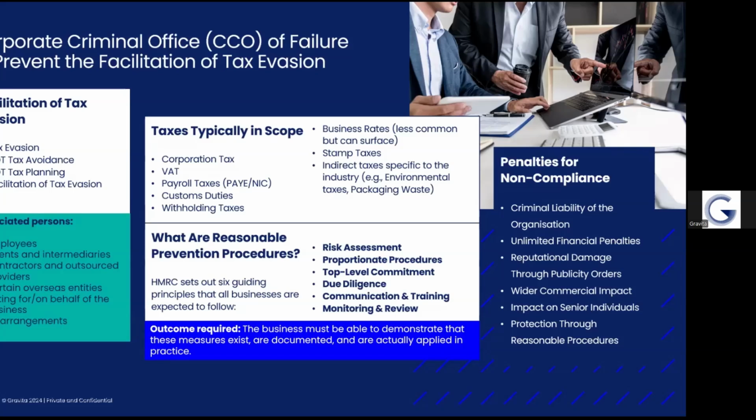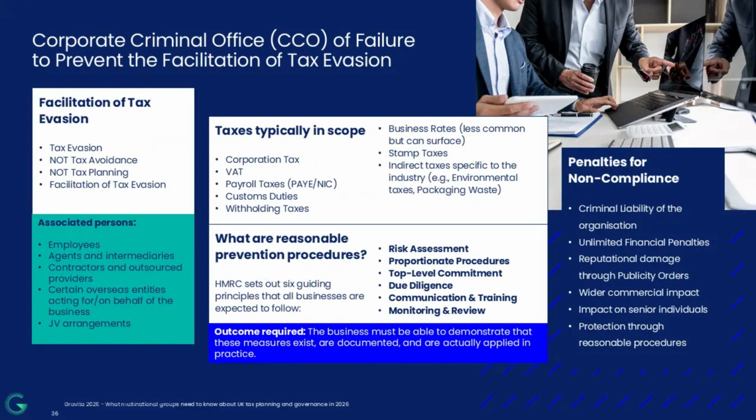So there would be unlimited financial penalties if a charge is taken against a company through public orders, and there will be, from that, a wider commercial impact and an impact on the senior individuals that are involved. The only protection under these laws is to have reasonable prevention procedures in place.